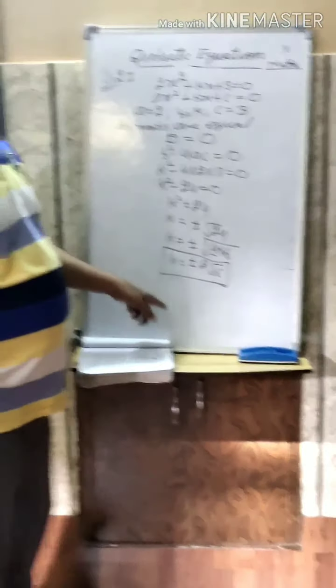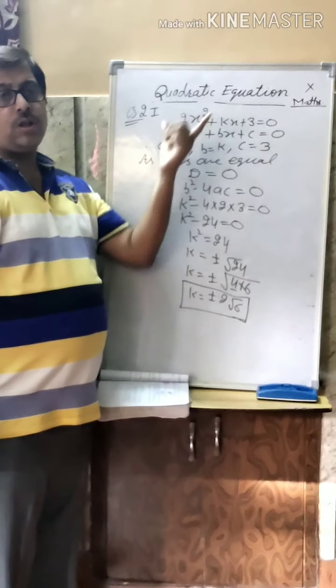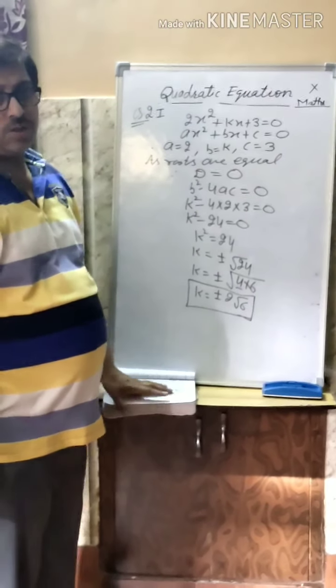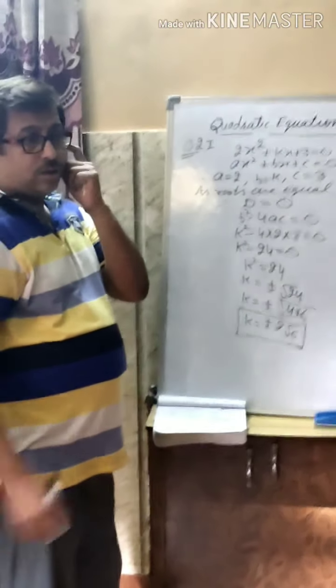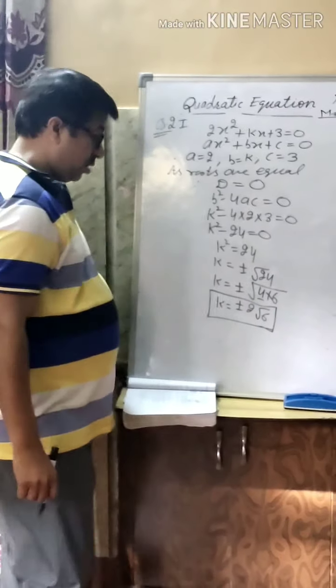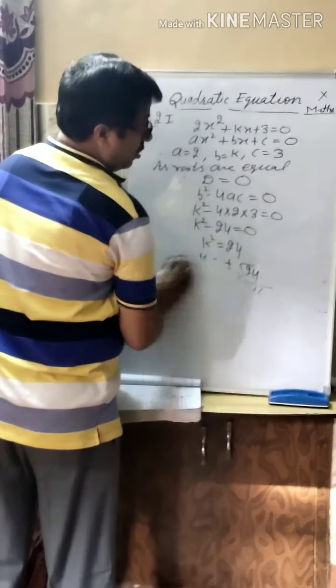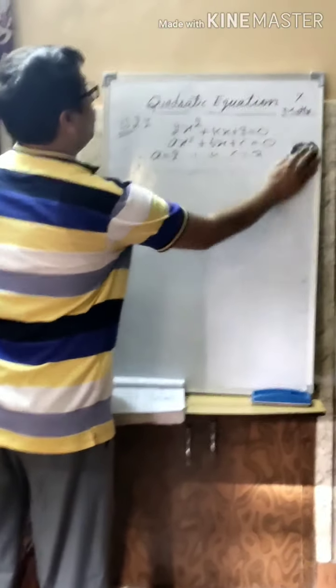For this value of k, the equation has equal roots. I think it is clear. Where he is asking, find the value of k if the equation has equal roots. So the second part also is very important. You see the second part.